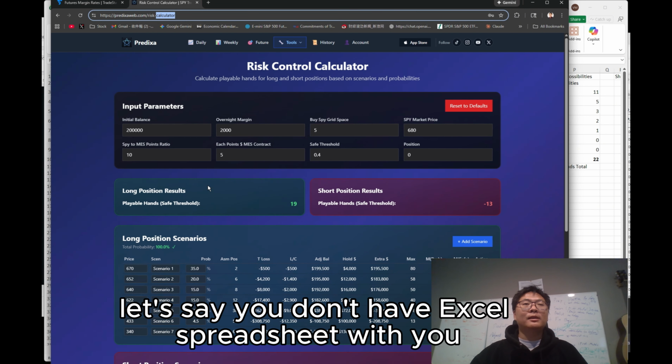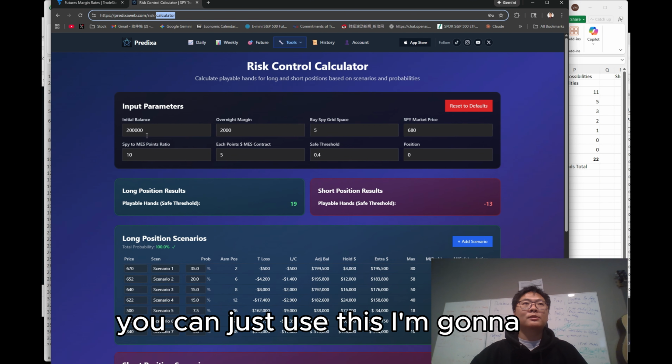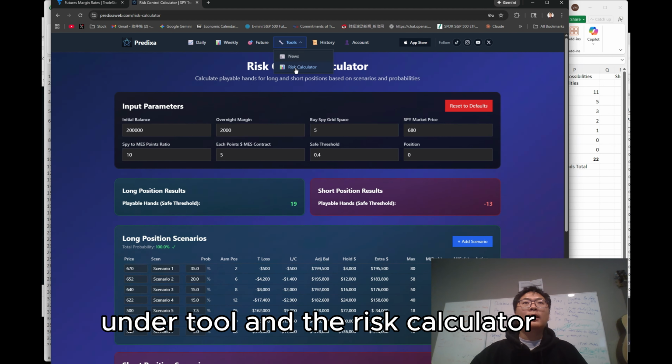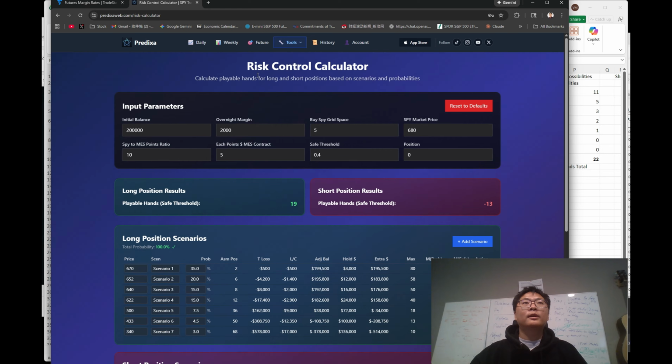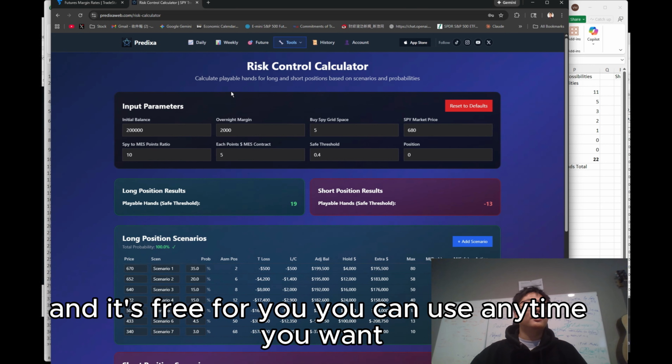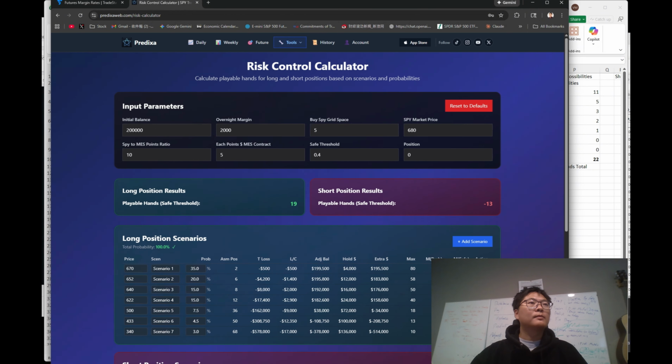Let's say you don't have the Excel spreadsheet with you, you can just use this. This will be on my website, under Tools and then Risk Calculator. And I'll drop the link below, and it's free for you. You can use it anytime you want.